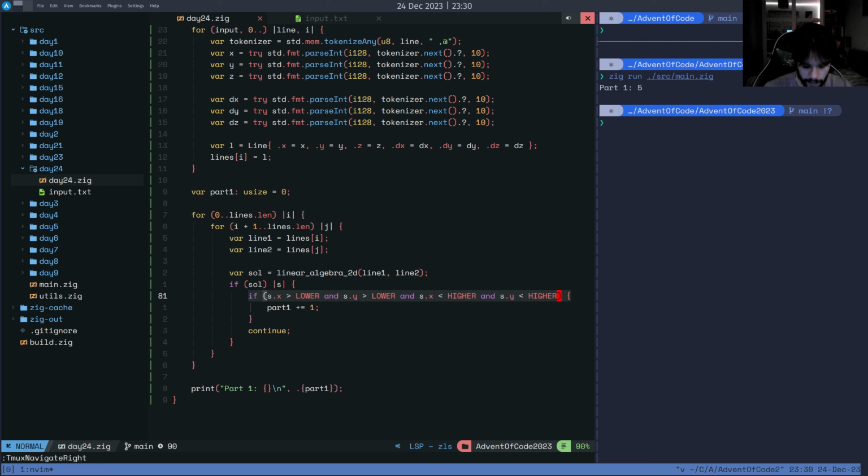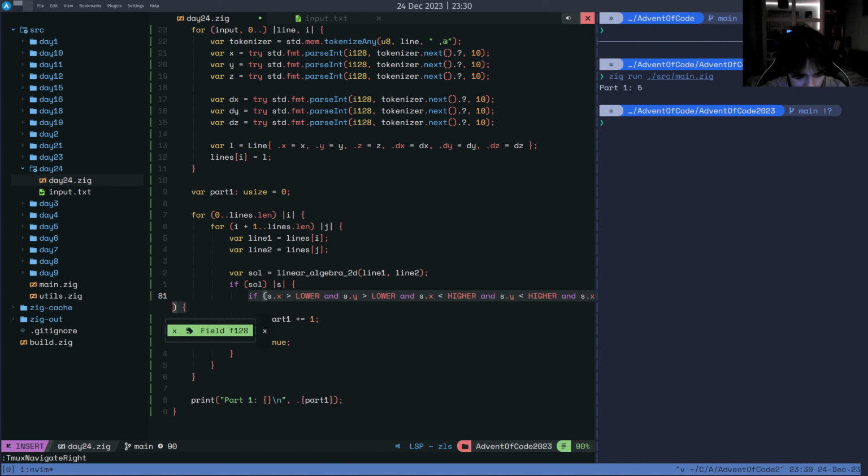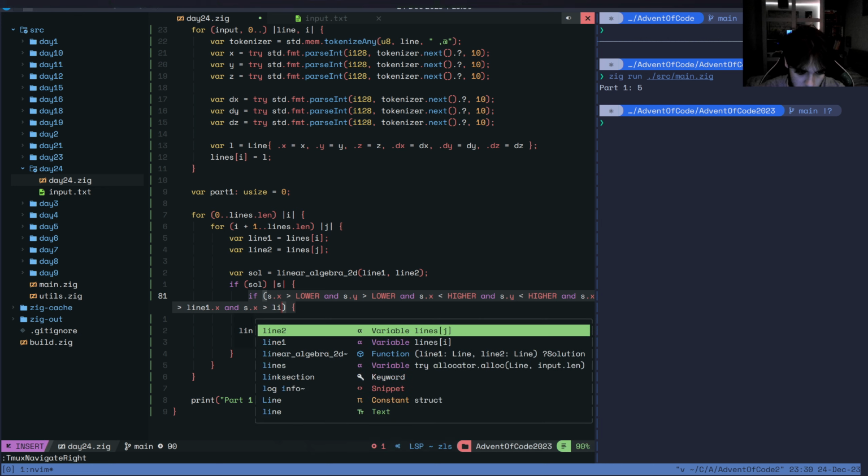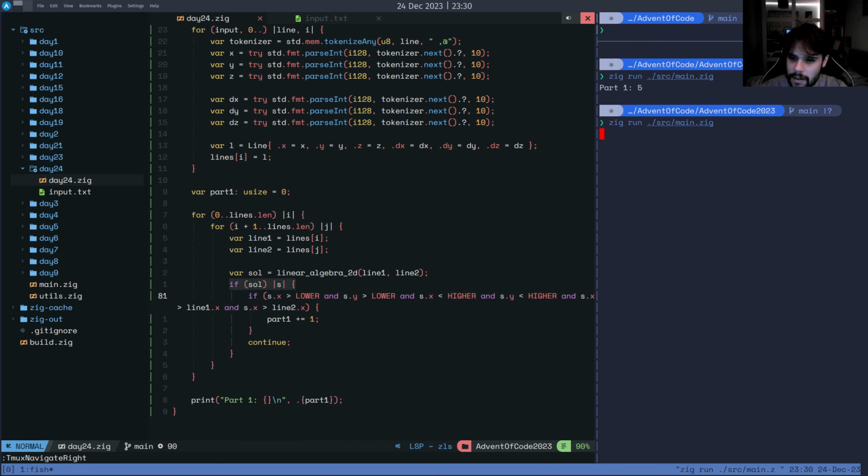We continue our and statement and we say and s dot x, solution dot x, the solution dot x has to be bigger than line 1 dot x. Oh, is that right? Ooh, I'm not sure. Then L2 dot x. Oh, I don't actually know.